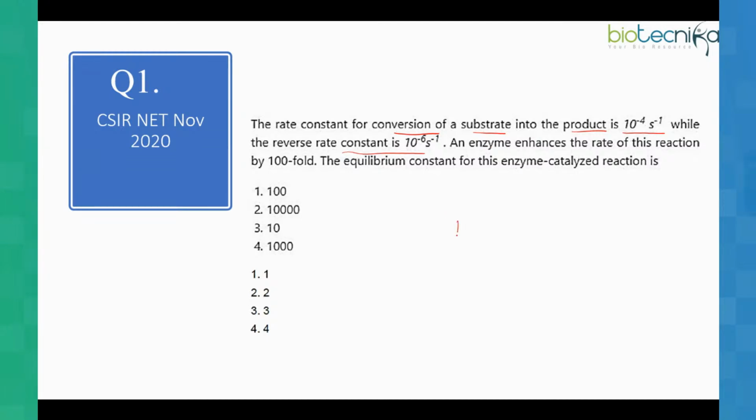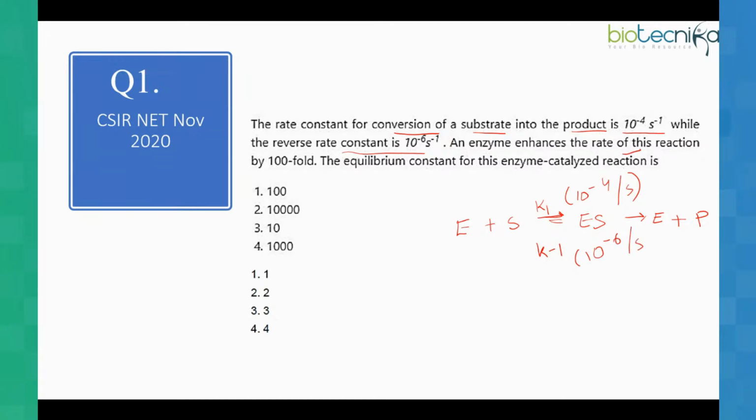So we know that enzyme and substrate first make the enzyme substrate complex, and then this makes enzyme plus product. So this forward rate constant, which is generally called K1, is given to be 10 to the power minus 4 per second. And the reverse rate constant, which is K minus 1, is given as 10 to the power minus 6 per second.